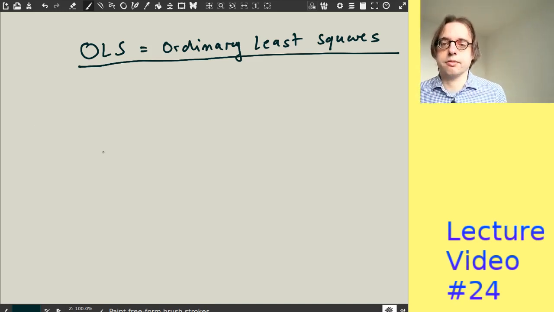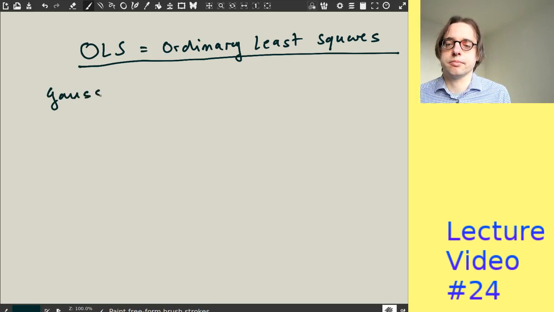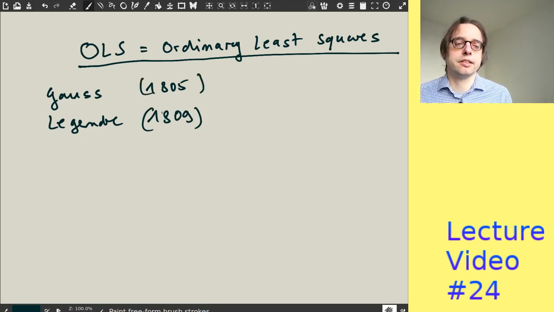This way to estimate the regression coefficient goes back to Gauss and to Legendre. I think Gauss developed this in 1805 and Legendre 1809. So about 220 years old.